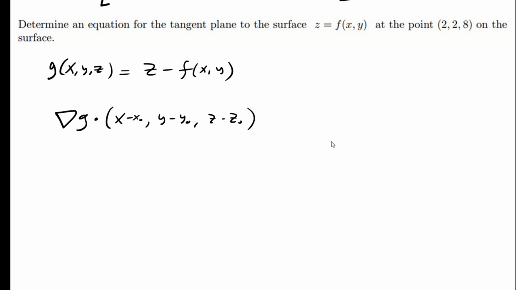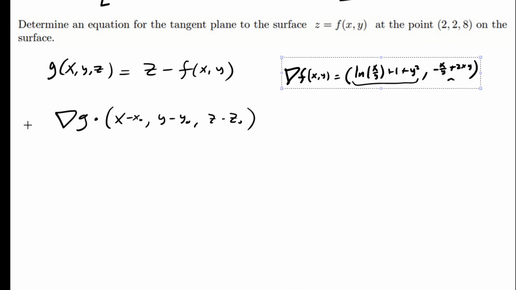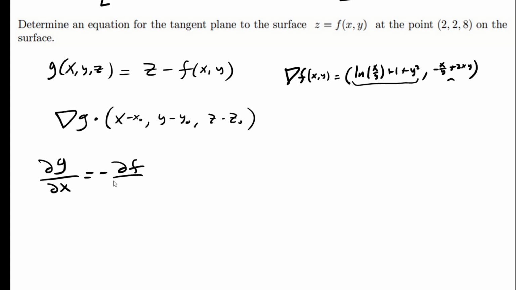Okay, so I know that the gradient of f looks like this. So if I want dg/dx, then that's just going to be negative, so this goes away, right? That doesn't depend on x. And that's going to be negative whatever the x component of the gradient of f is.